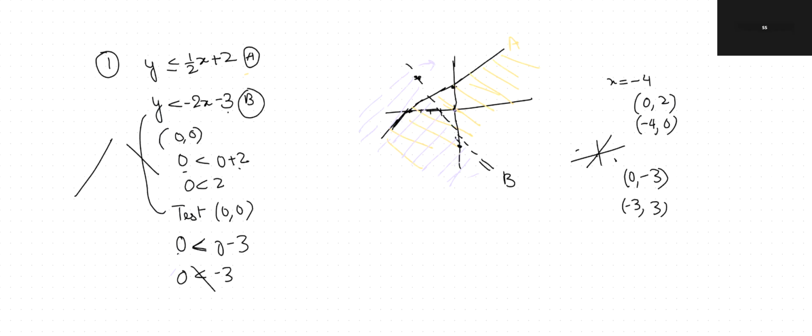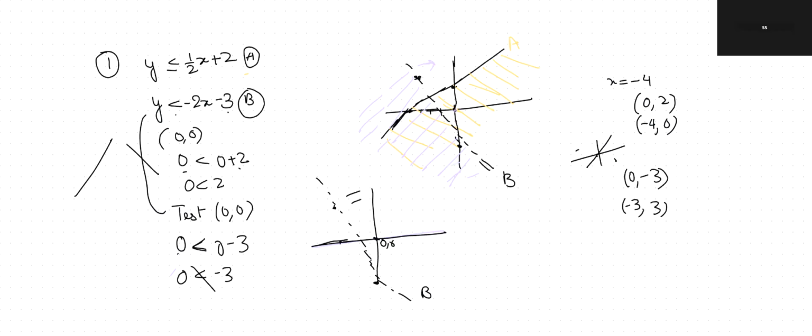Suppose I can draw here separately and show you. So this was passing through 0, -3 and -3, 3. So this was this line, this is line B. Because we tested for 0, 0 and it was not part of the solution, we don't shade this part.